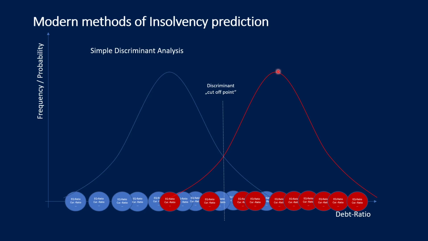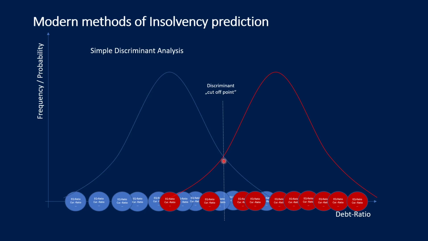If we see that one of our ratios is good for discriminating those who go bankrupt and those who don't, we need some kind of cutoff point, so the discriminant or the discriminant function. For example, we can simply choose the point where those distributions intercept.